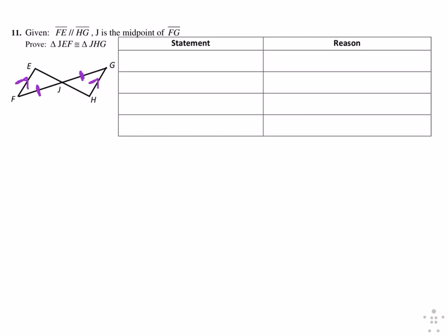So I could start out by saying that line segment FJ is congruent to line segment GJ.